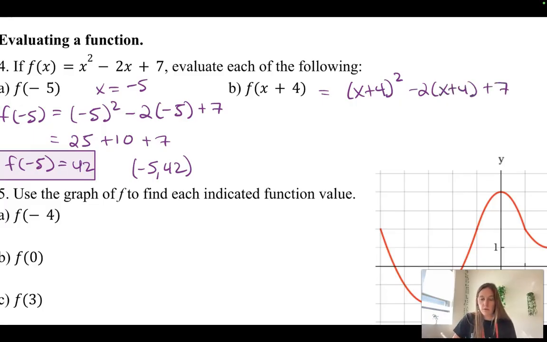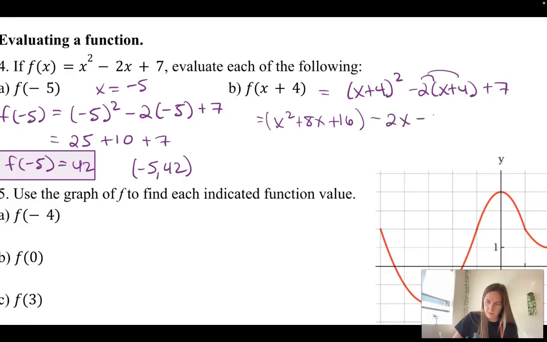And now again, we have to remember to FOIL this x plus 4. So we get x squared plus 8x plus 16, and then we're going to distribute the negative 2, so minus 2x minus 8 plus 7.